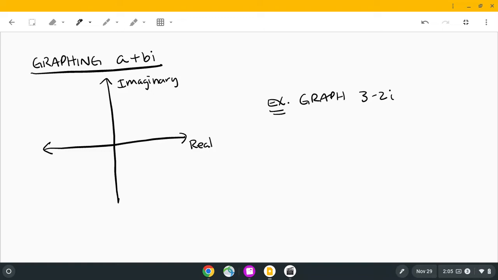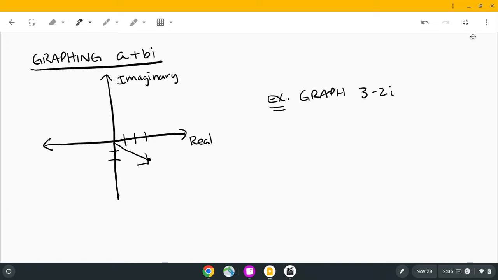Then that means I would have to go 3 on the real, 1, 2, 3, and negative 2 on the imaginary. So right here, it's like this vector that goes out to the point 3, negative 2.